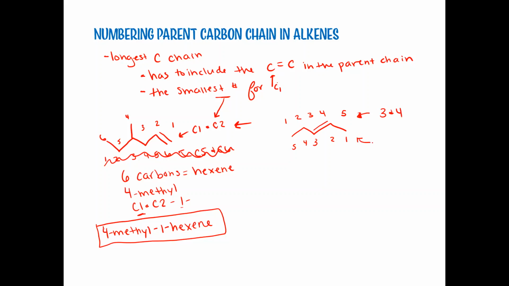Going from right to left, our double bond is 2 and 3. So this is the way we want. We want the carbon-carbon double bond to be on the lowest number it can. We do from the first carbon of the double bond, so it'd be 2-pentene.